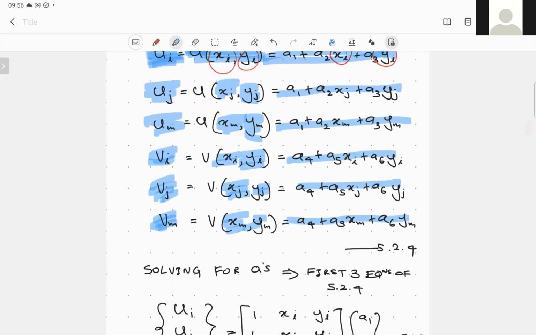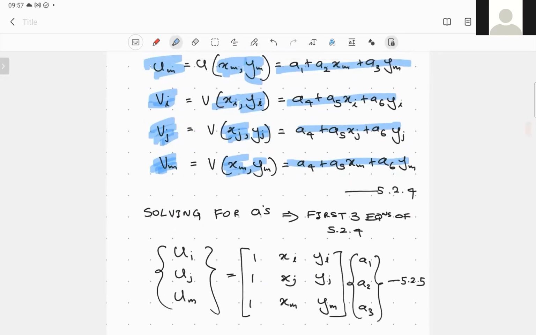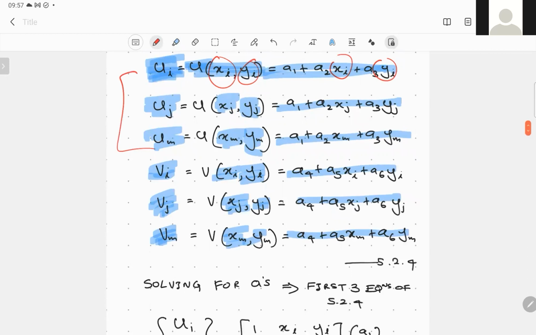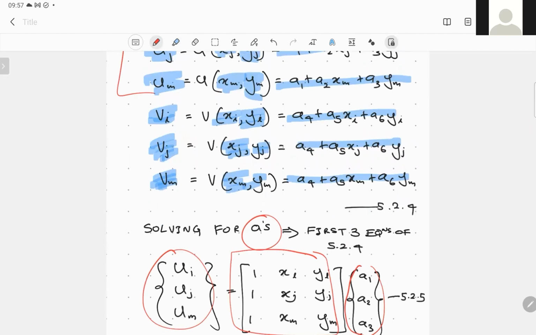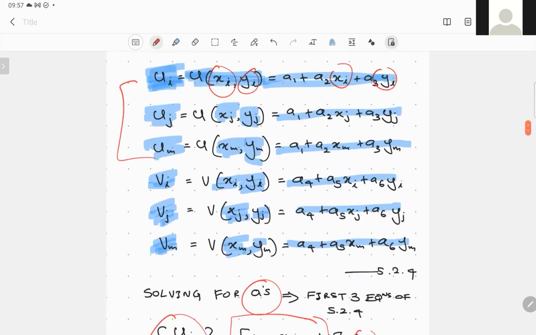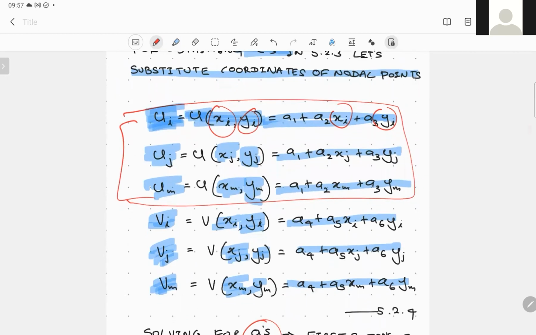So we take the first three equations, and we try to obtain the a values. The u values are given in terms of a1, a2, and a3. You separate these three equations. So basically you have considered this first set of equations, and you have separated the variables and the constants, and written it in the form of a matrix.